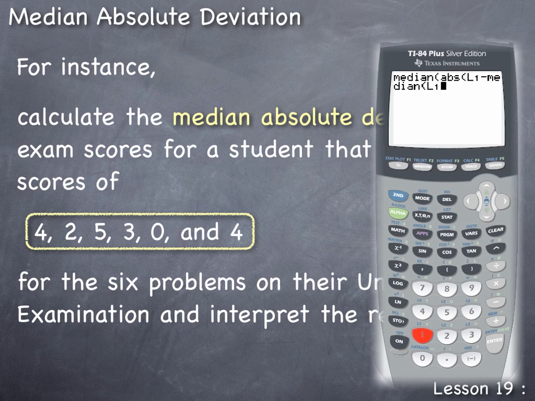And now we need to close the parenthesis by pressing right parenthesis once, twice, 3 times, because we had 3 open parentheses. And then to get the result, we press Enter. So as we can see, our calculated median absolute deviation equals 1.